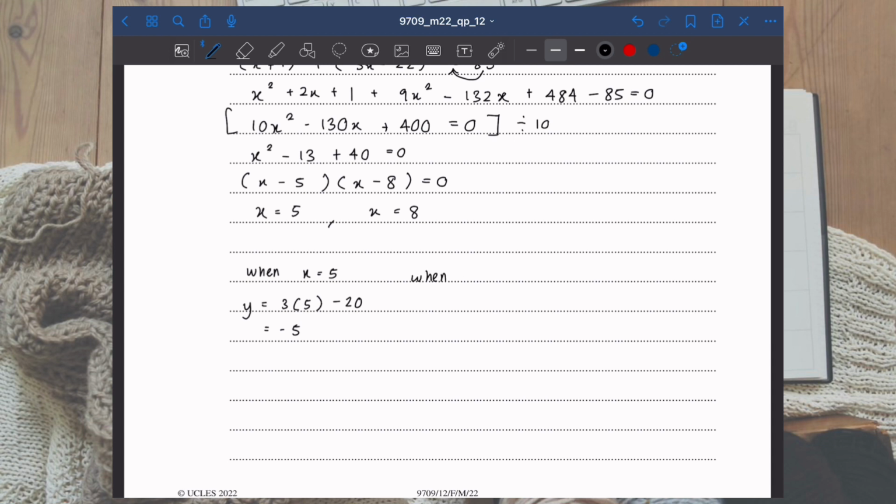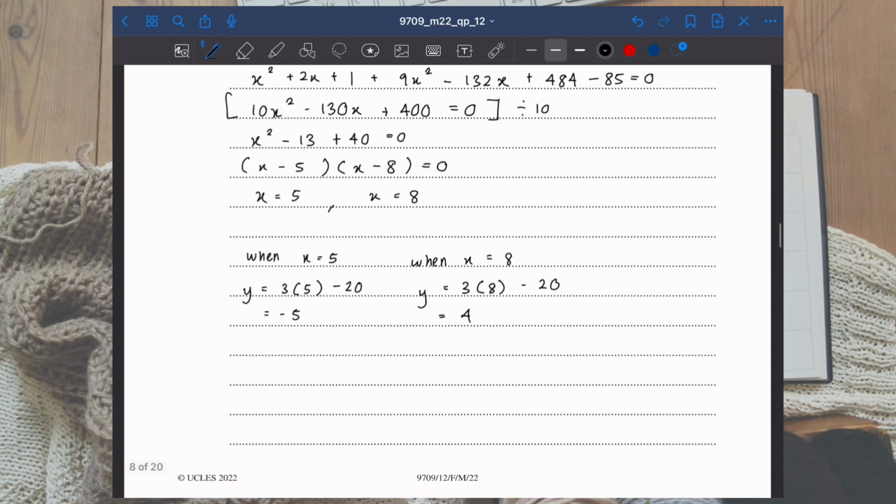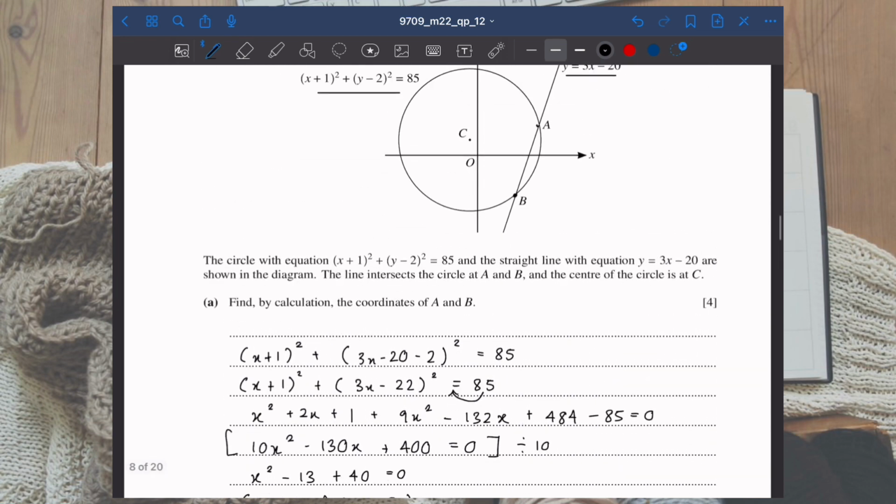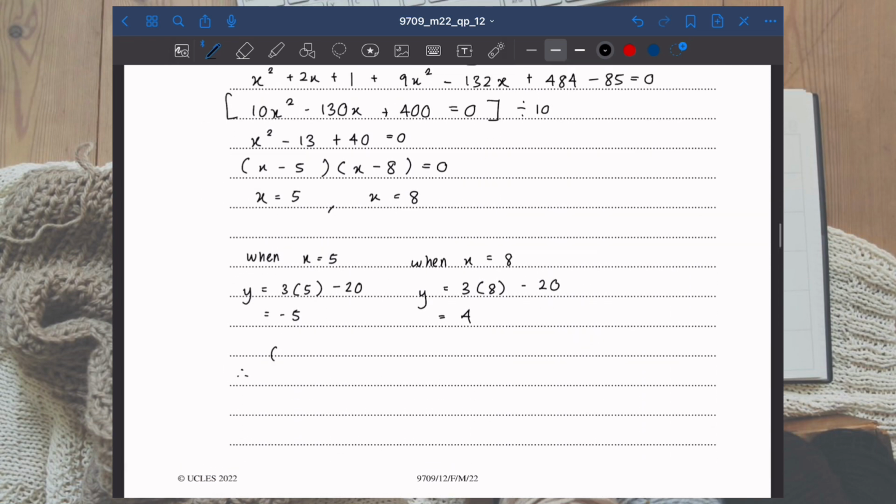And when x is 8, y is 3 times 8 minus 20. 3 times 8 is 24, minus 20, we get 4. So our coordinates of A and B will be (5, negative 5) and (8, 4). So these are your coordinates of A and B.